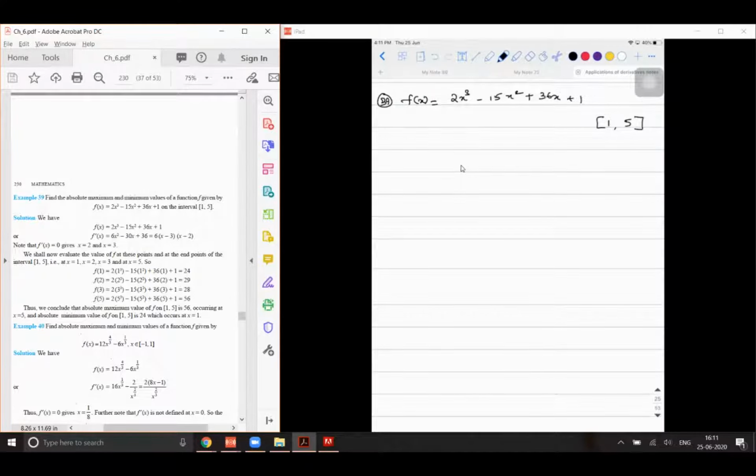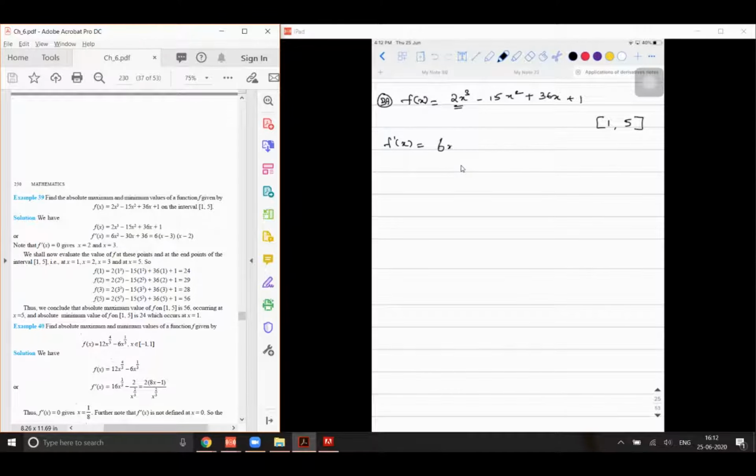So even before you proceed, know how you are supposed to think is, look at the degree of the equation. It's a third degree equation. So how many points will you get when you differentiate and equate it to 0? You will get 2 points only, because third degree equation differentiated will give you a quadratic equation, a second degree polynomial.